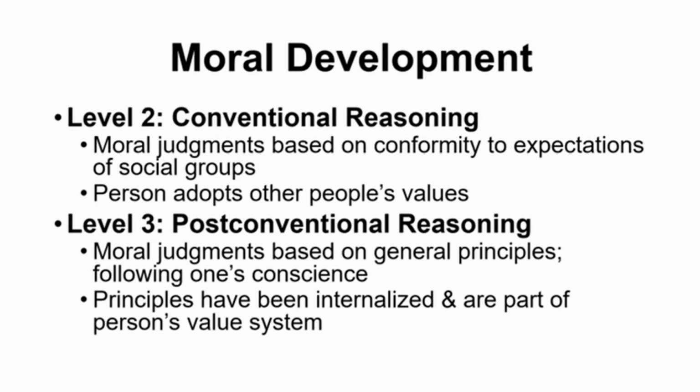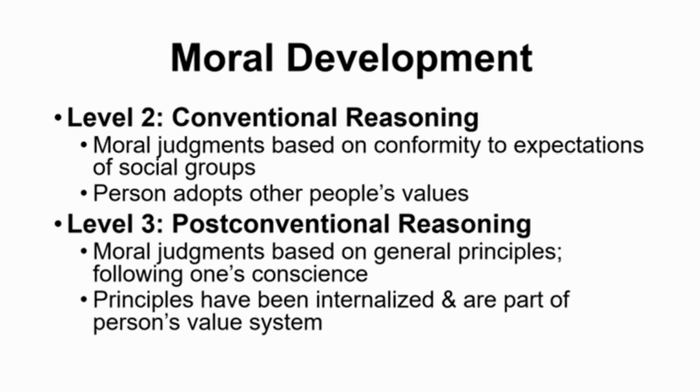And then our last stage is the post-conventional reasoning stage. And here, our moral judgments are going to be based on our own consciousness. So now we're going to think about what feels right or wrong to me. It can often start from whatever morality we got from our religion or parents or peers, but we're going to have our own input now.